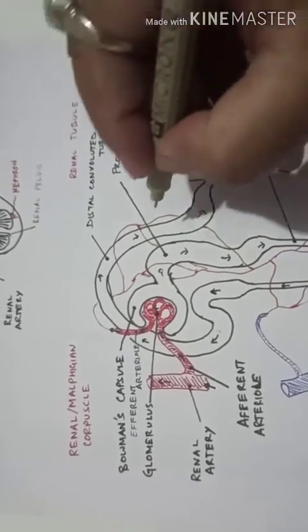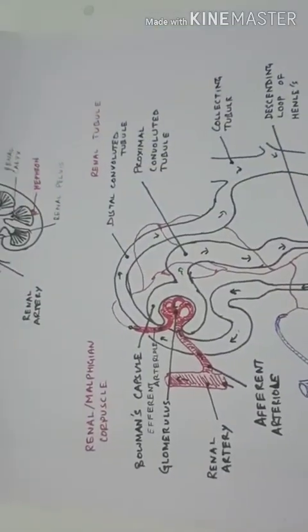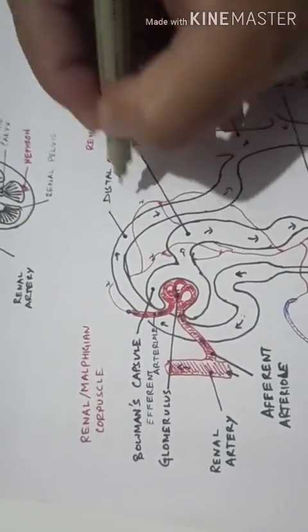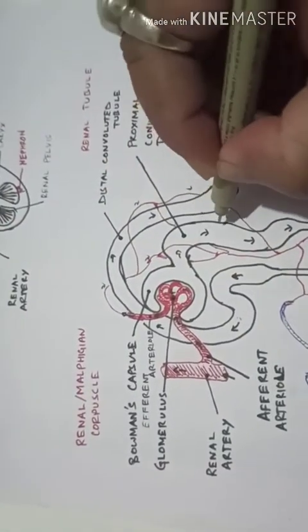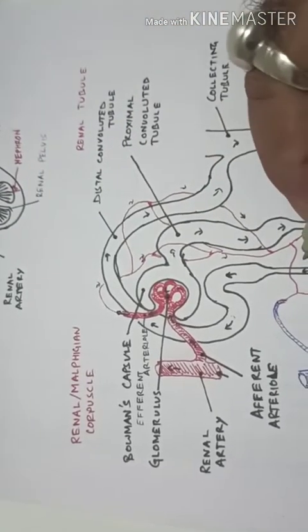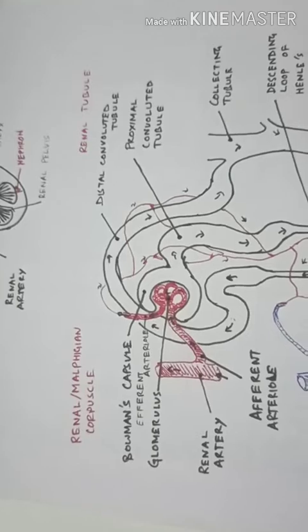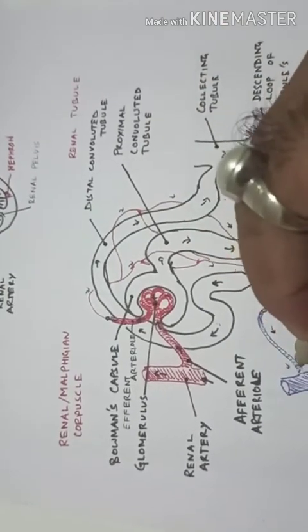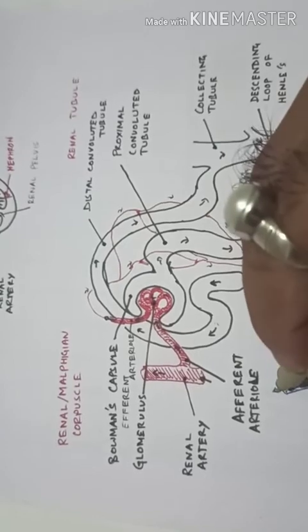So the blood comes out from here, keeps moving through every single place, goes through all of those ducts everywhere, and then finally will reach this renal venule, and with the renal venule it will move out.